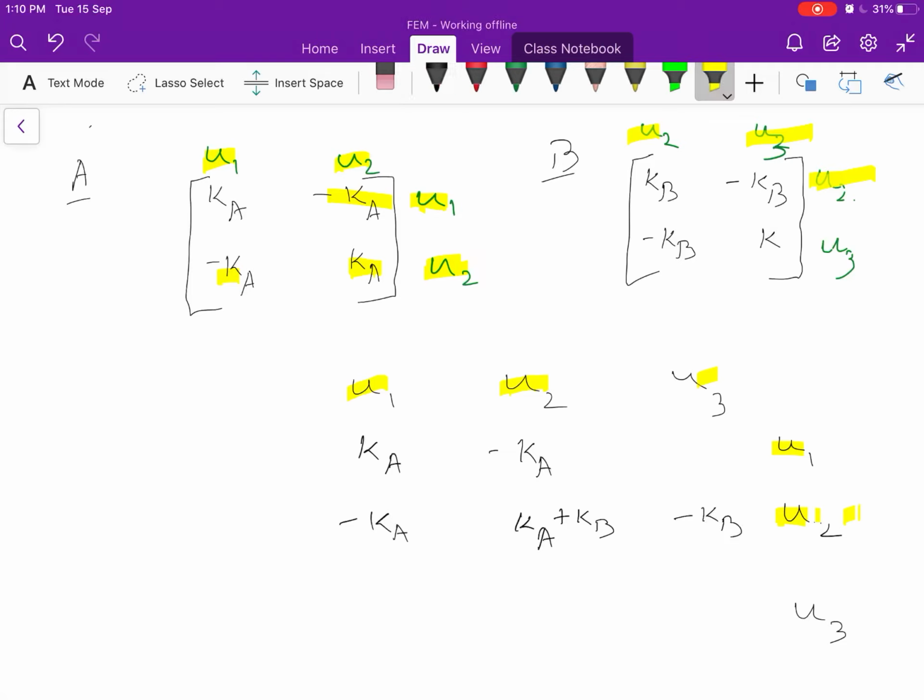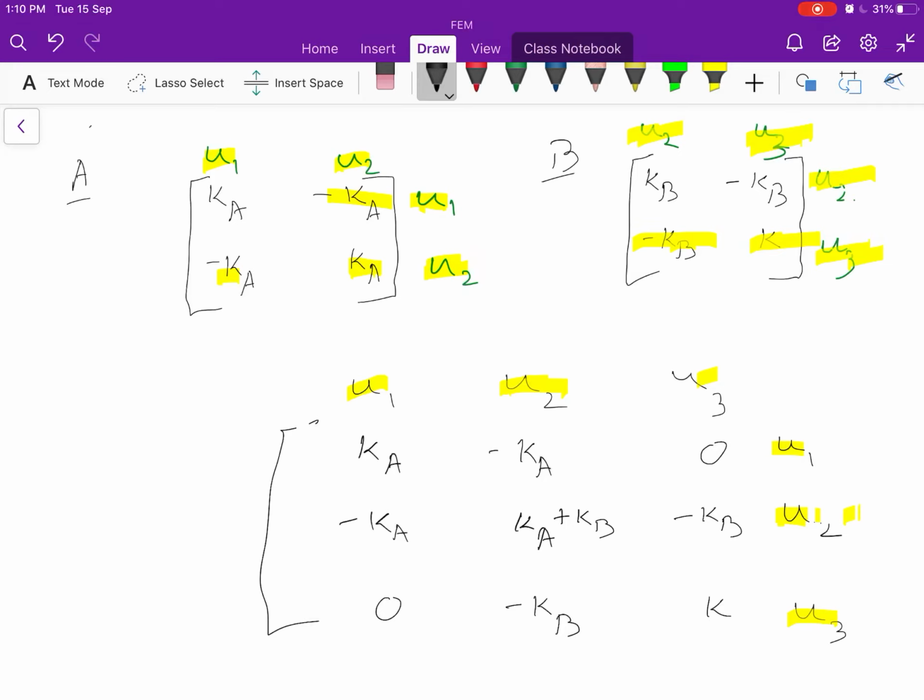Then when we consider U2 and U3, we get minus Kb here. Similarly, for U3 and U3 we get Kb here. At the remaining places you just write down 0.